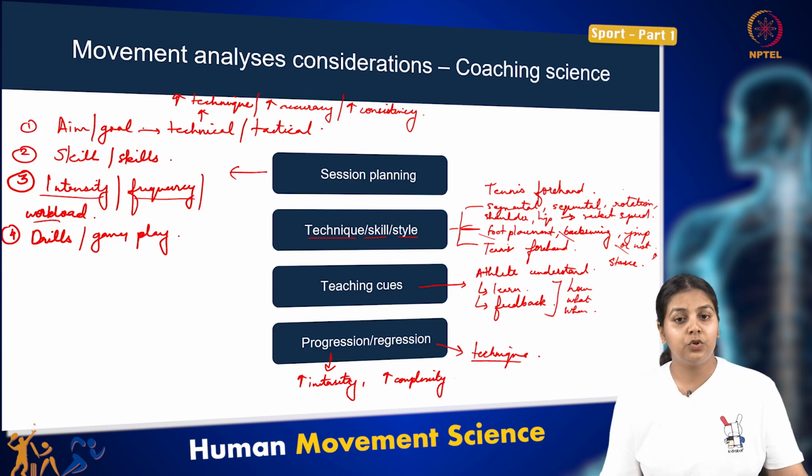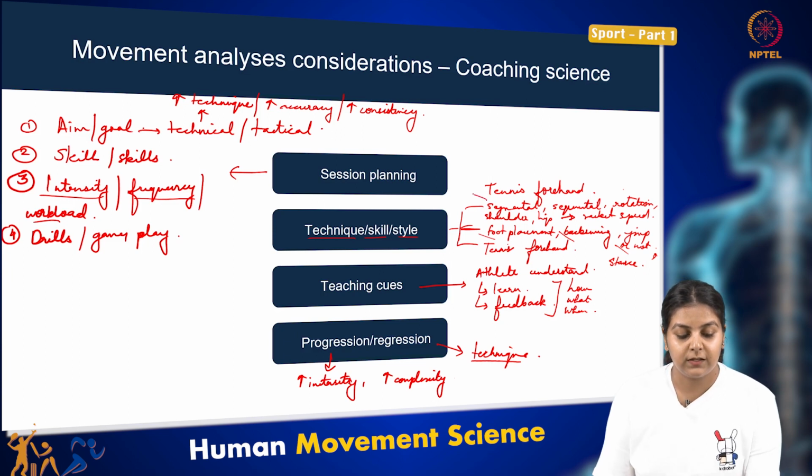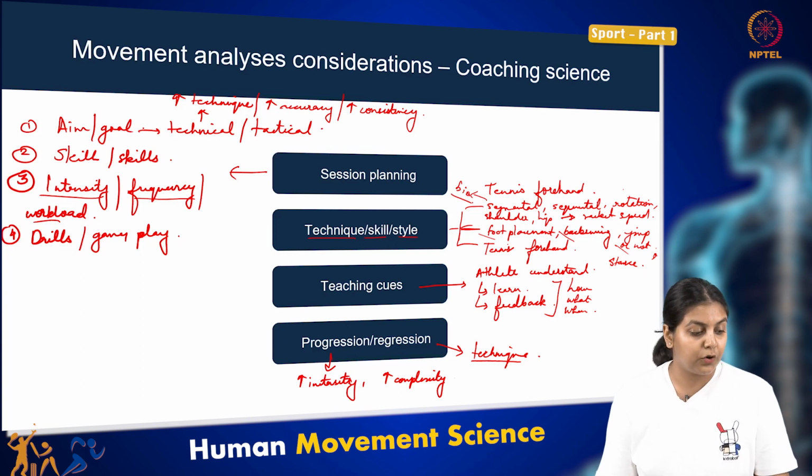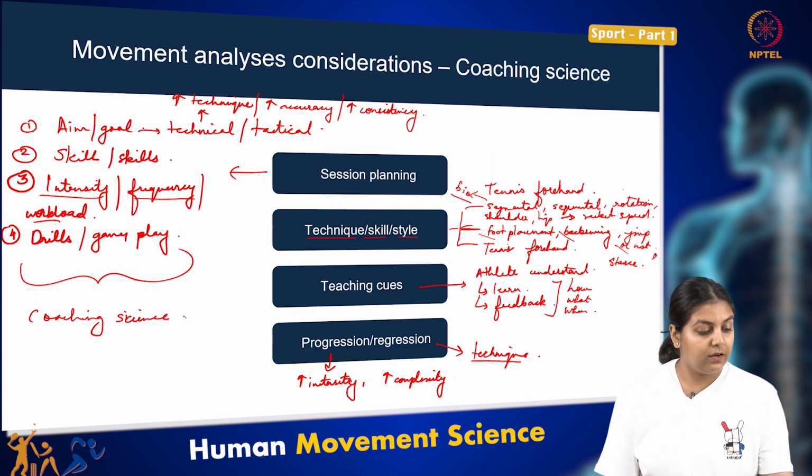So as a coach, you can see how these considerations help you to design your session planning, and at the same time, you are using information from biomechanics, and a little bit of information from motor control. You're also using skills from gameplay or coaching science, which we've looked at, and lots of physiology here.